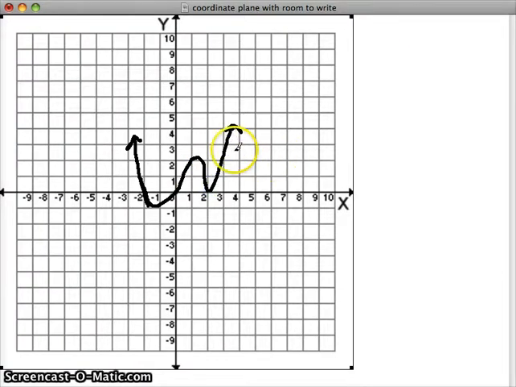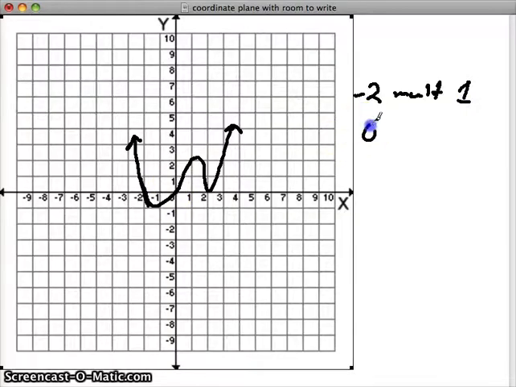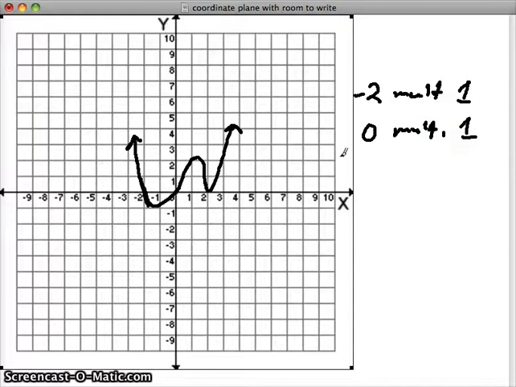It's kind of a messy graph, but it's basically the idea. So at negative 2, it crossed it, so that was a multiplicity of 1. At 0, it crossed it, so that was a multiplicity of 1. And then at positive 2, it just touched it and turned around, so that was our multiplicity of 2.